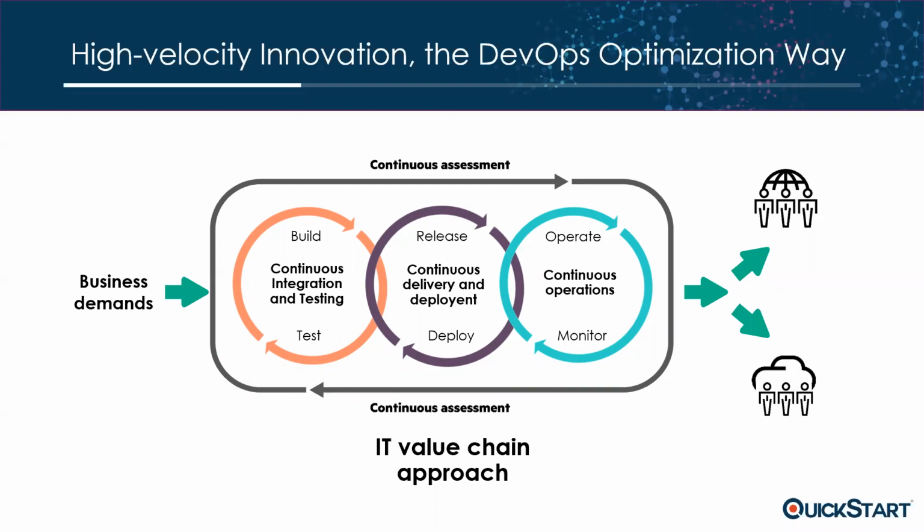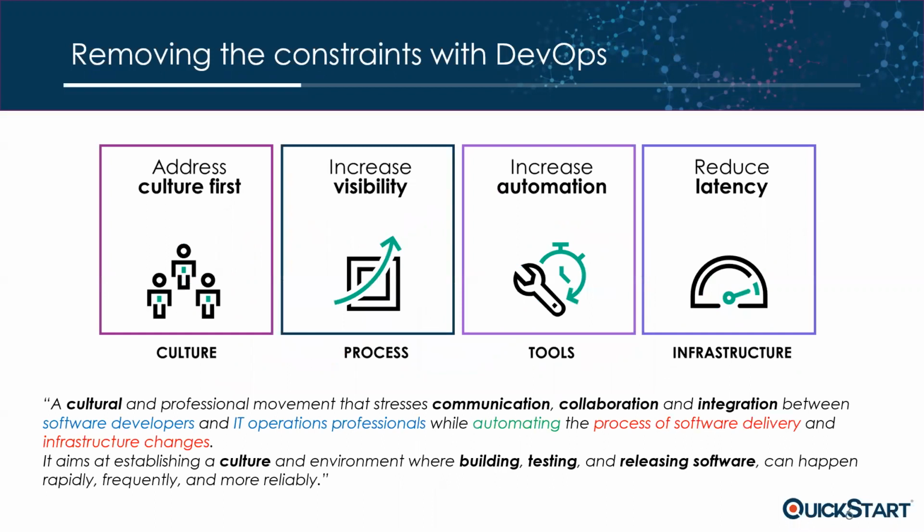The IT value chain approach is related to moving all the business demands to the market as quickly as possible. So, as I said, the main 4 blocks of DevOps are, first, culture, which is where we need to start, related to cooperation, collaboration, sharing all the information, and promoting continual learning and experimentation.